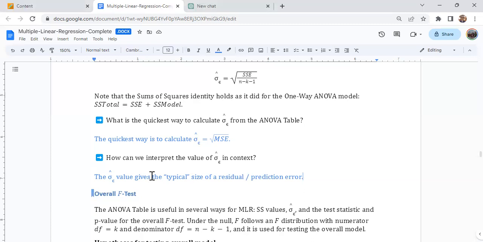And for lots of predictive models, not just linear regression, like if you go into machine learning or data science, MSE is a widely popular metric to describe how well a model is doing, because it describes how accurate the predictions are.